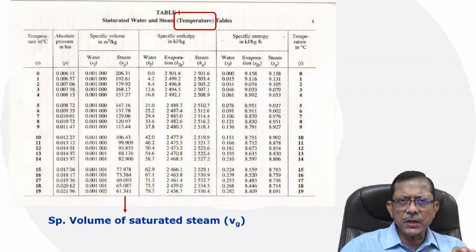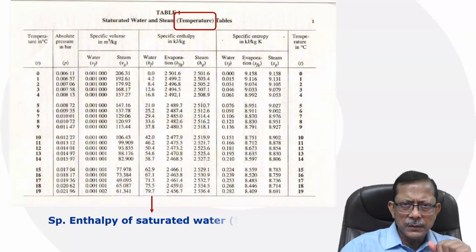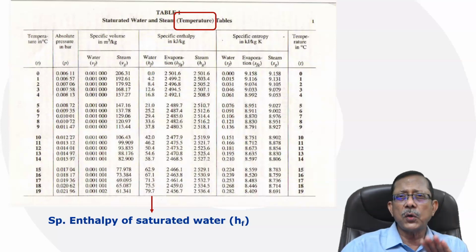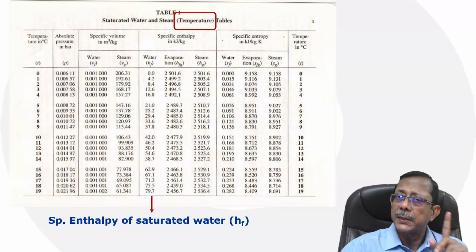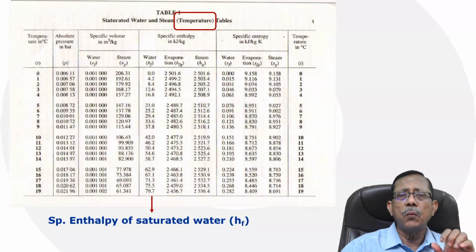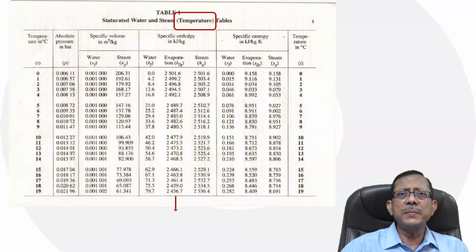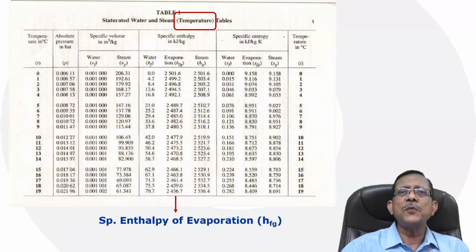The next three columns are for the specific enthalpy. The first of this is the specific enthalpy of saturated water. Again, remember, when the water is at saturation temperature, that is the condition. So at the corresponding pressure and saturation temperature, what will be the enthalpy, that is the total heat content from 0 degrees centigrade to that temperature, is given in this column. The next column is the specific enthalpy of evaporation.